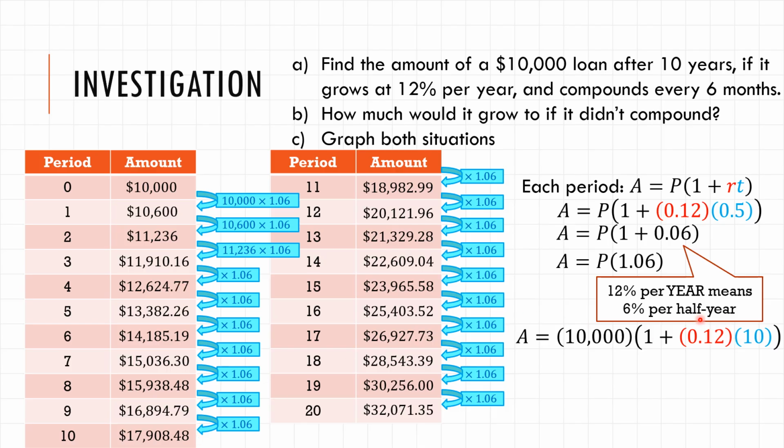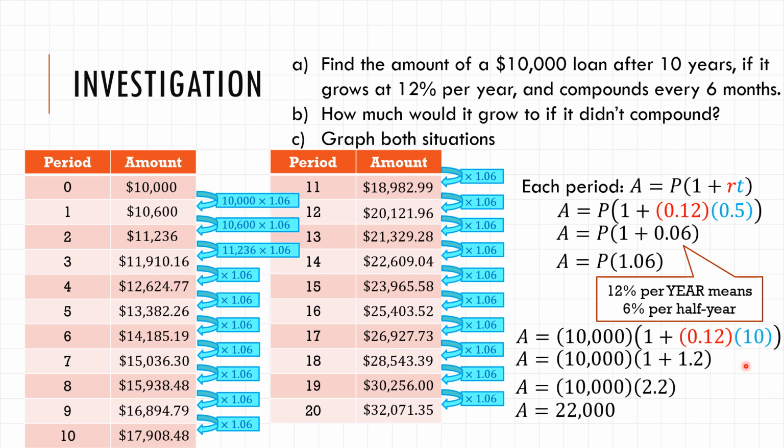It's just growing by 12% of the original amount every year. So $12 for every $100, and it does that for 10 years, which would give me $22,000 flat.